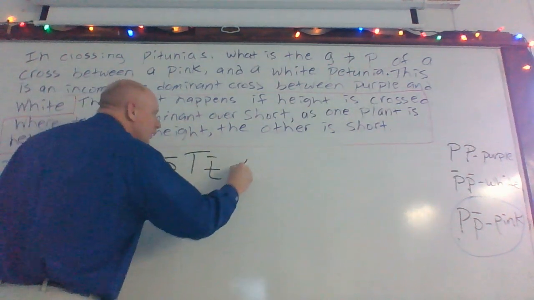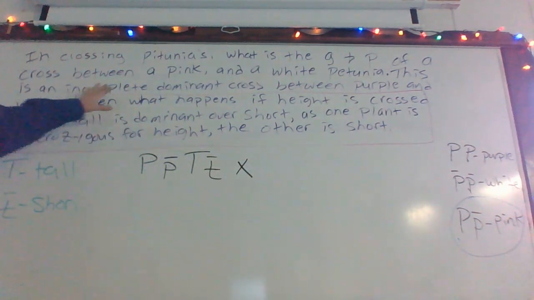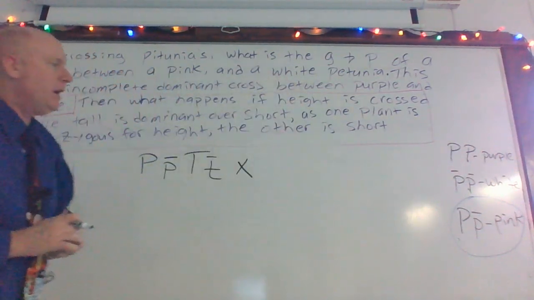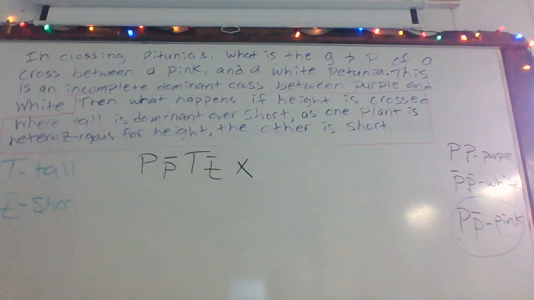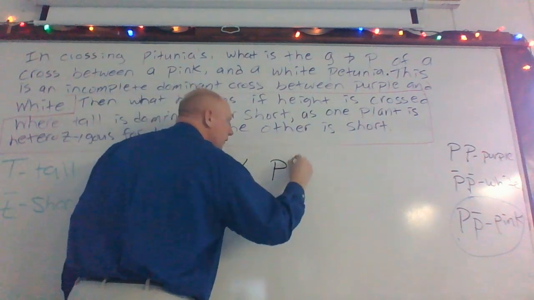Okay. So now that's one trait. Now, what's the outcome for a white petunia? It's genetic makeup. What type of peas? Small peas. That's why it's important to make this key.